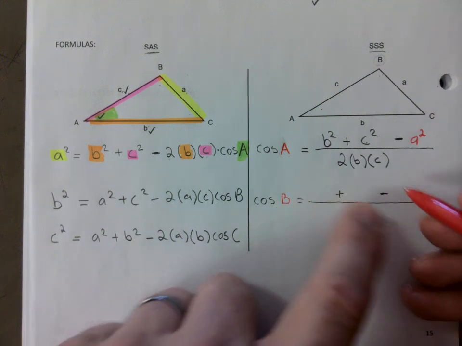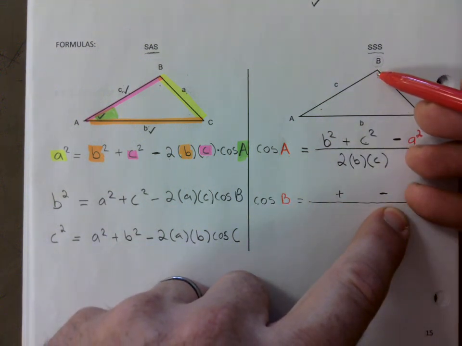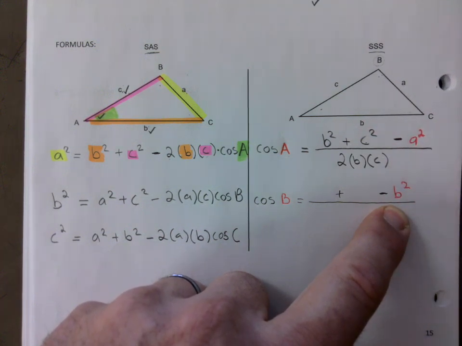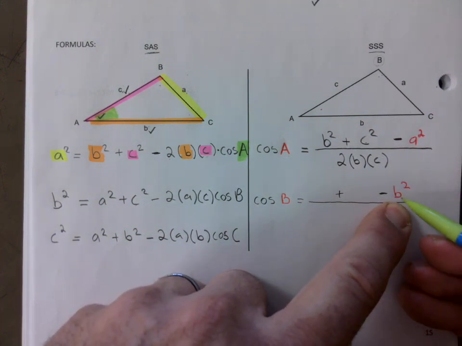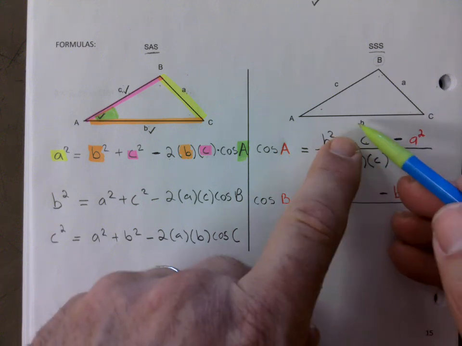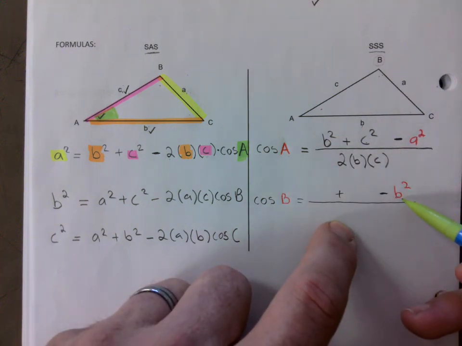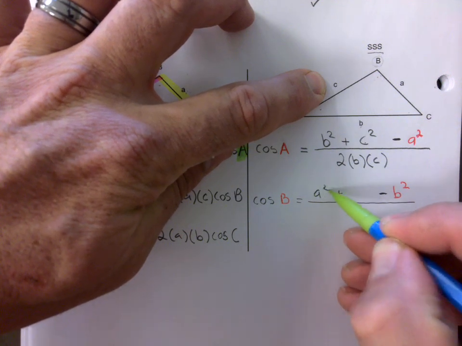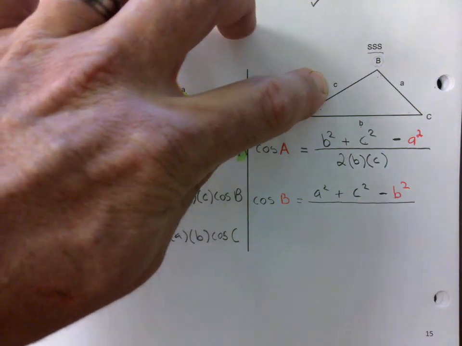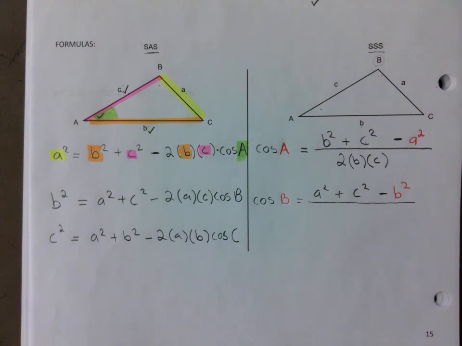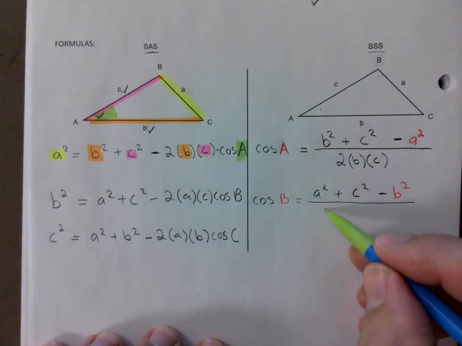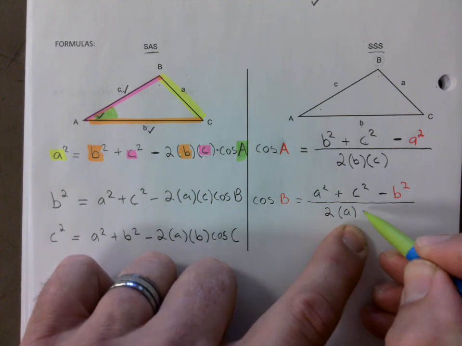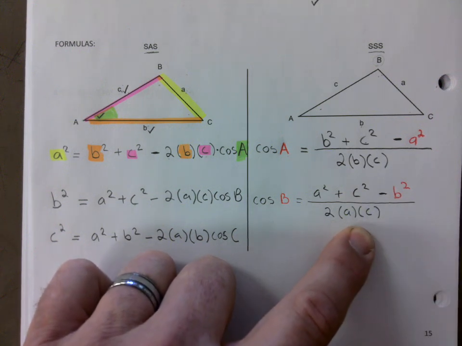Since you're solving for angle B, you're going to grab the side length that's across from that angle and subtract it here. Which means that if you've already used up B, it doesn't show up anymore. You're left with A and C. So this is A squared plus C squared. And the denominator, the bottom part, is 2 times A times C, like that.